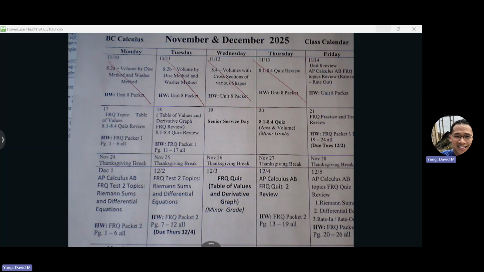And then the final week, I don't really have anything. Monday and Tuesday are still going to be full school days, but I'm just going to treat them like, if you don't have time to finish the multiple choice packet by Friday, you can turn it in to me Monday, and it'll still be considered on time.